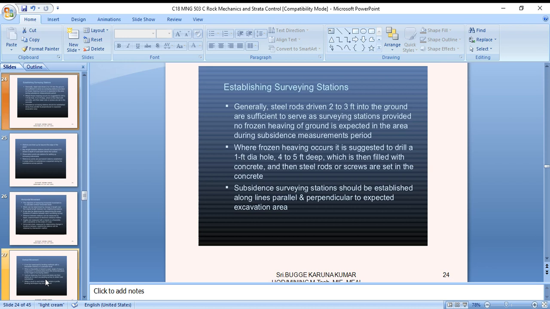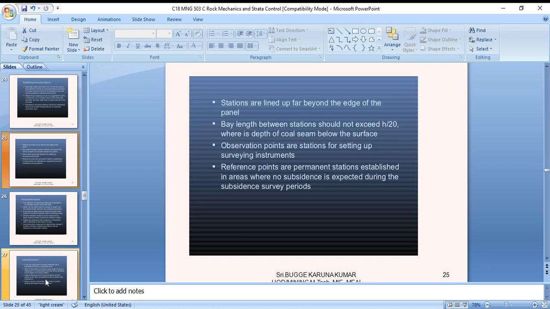Where frost heaving occurs, it is suggested to drill a 1 foot diameter hole, 4 to 5 feet deep, which is then filled with concrete, and then steel rods or screws are set in the concrete. Subsidence surveying stations should be established along lines parallel and perpendicular to the expected excavation area.